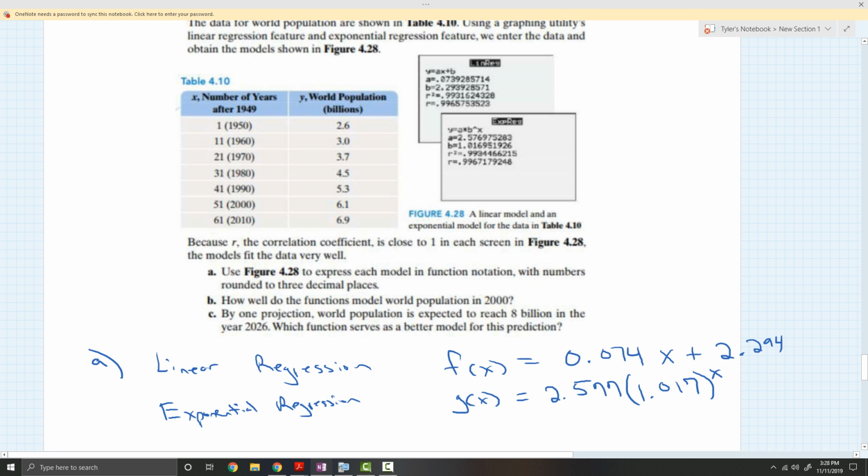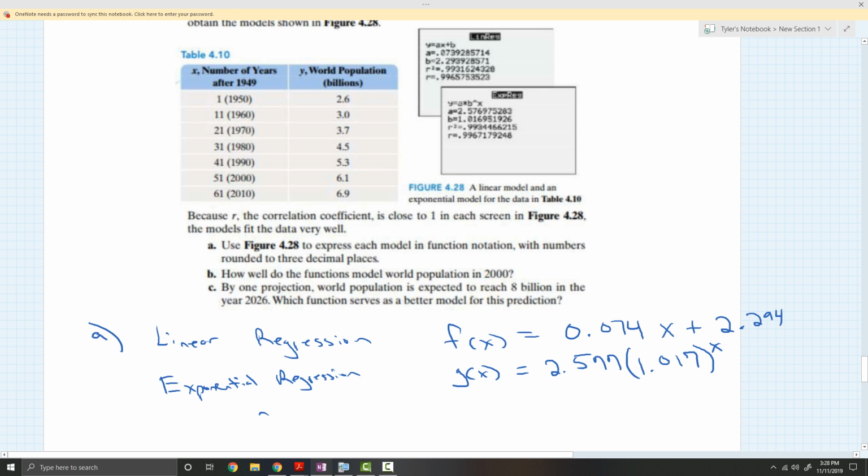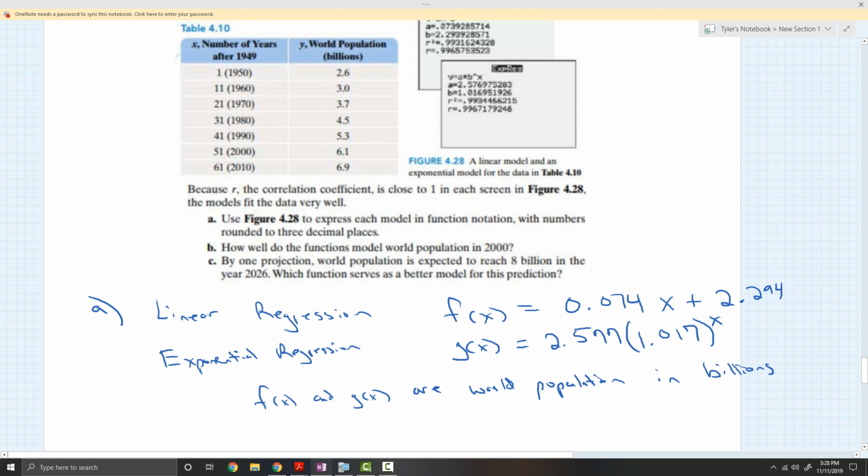In this case, f of x and g of x are world population in billions, and x equals the number of years after 1949.